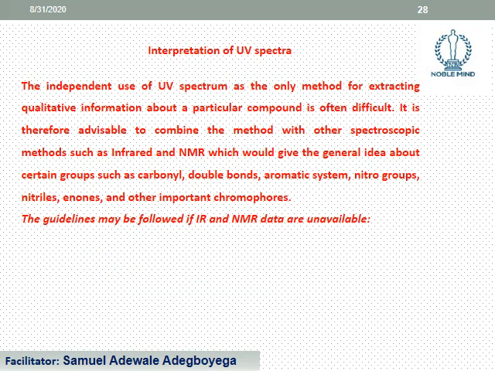Let's move to interpretation of UV spectra. Don't forget, we are dealing with UV visible, so sometimes we may find it convenient to mention UV spectra or spectrum, but that doesn't mean that you cannot have absorption in the visible region on the spectra.